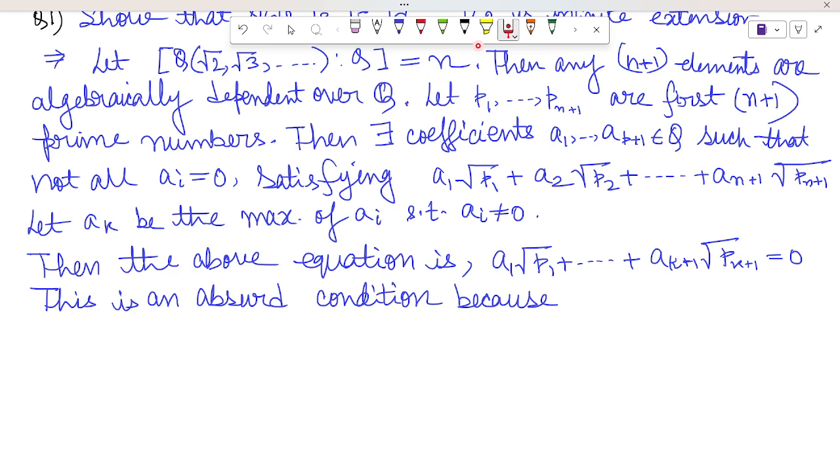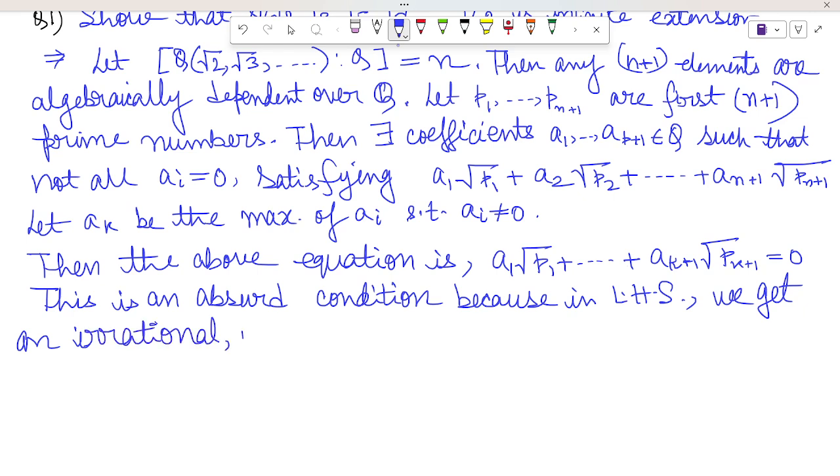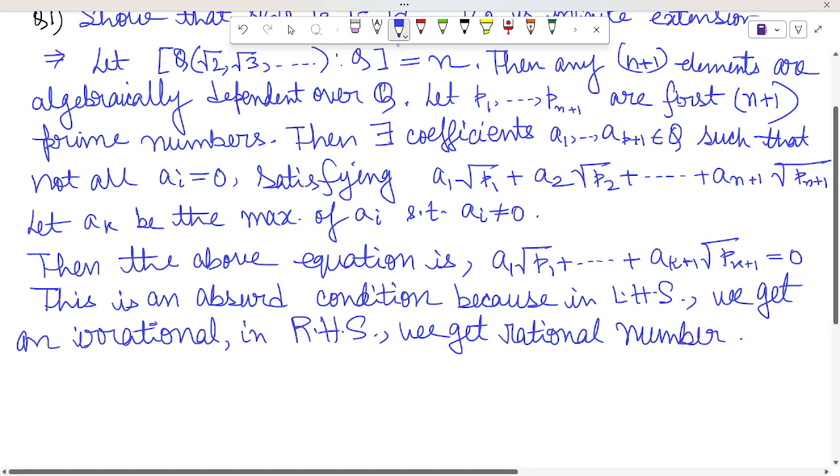Because in the left hand side we get an irrational number, and in the right hand side we get a rational number. So there is a contradiction.